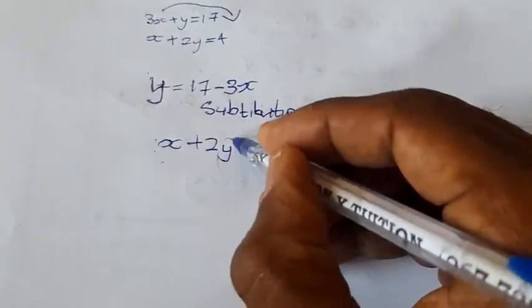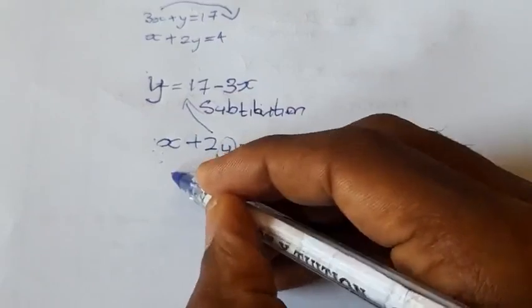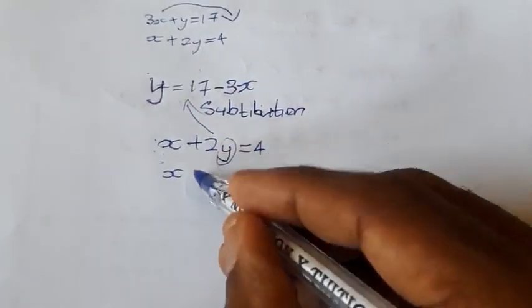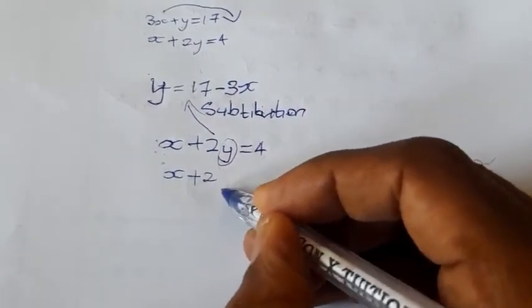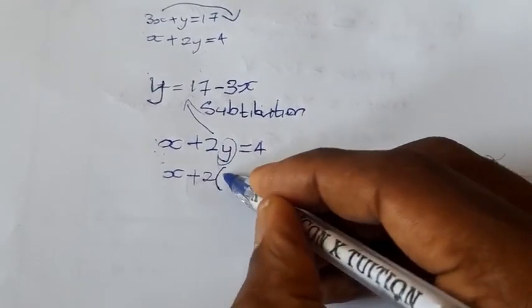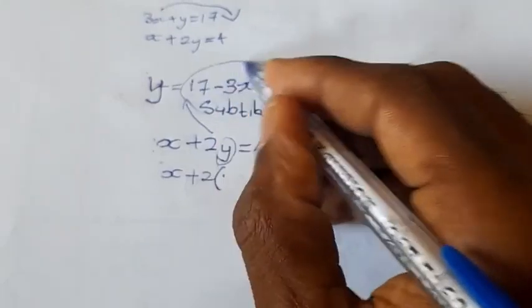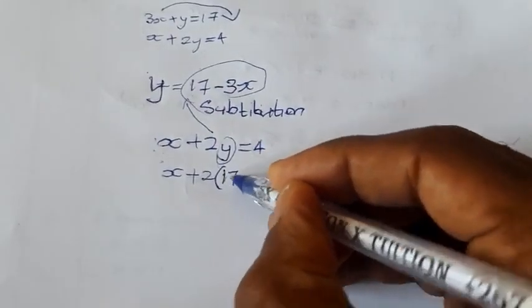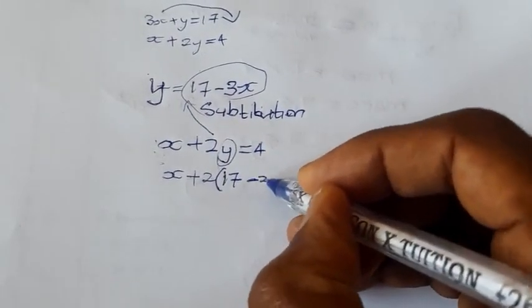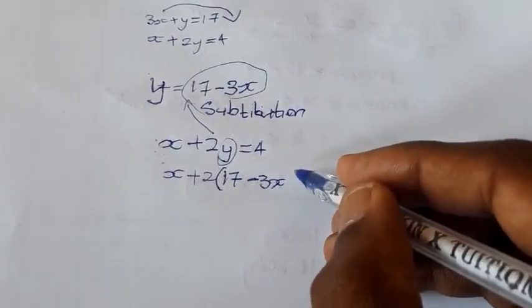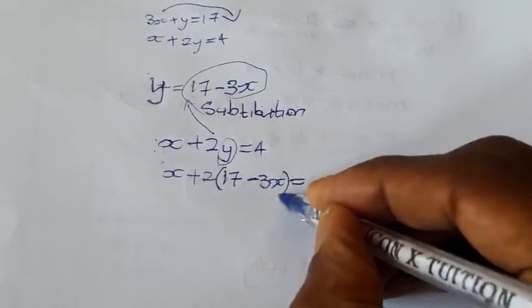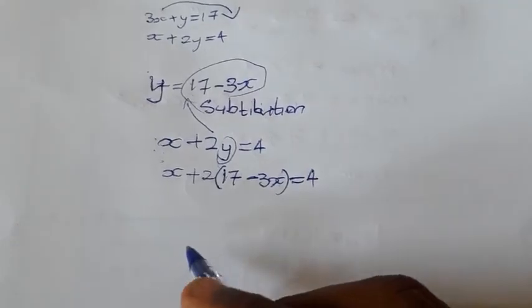Remember we just got y here, so we will have x plus 2 in brackets, 17 minus 3x, which is equals to 4.